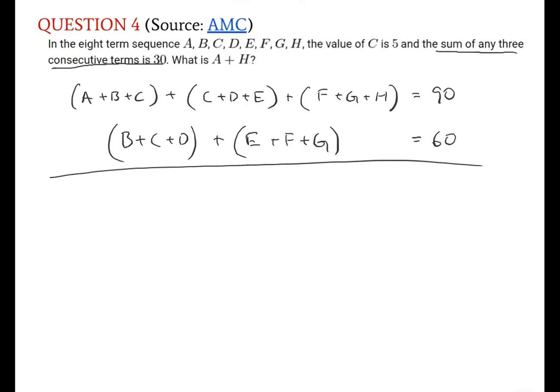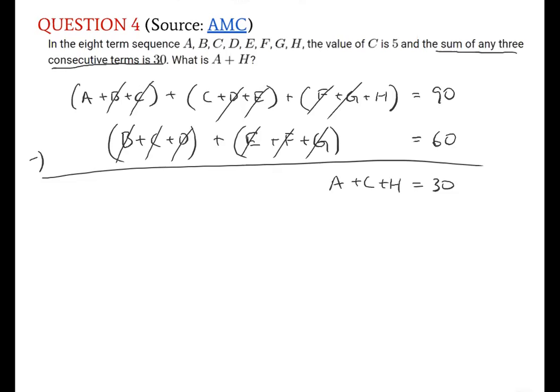Now, if you subtract these two equations, you can eliminate a lot of stuff. So you can eliminate the B, the C, the D, the E, the F, and the G. So that leaves you with A plus C plus H. And then 90 minus 60 is 30.